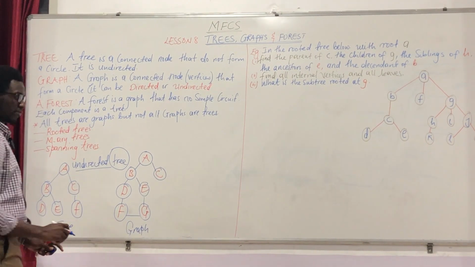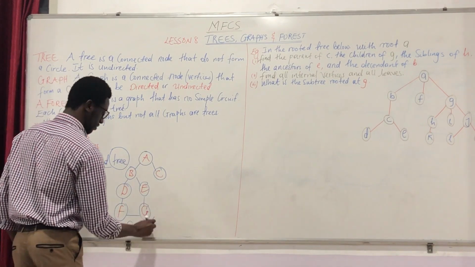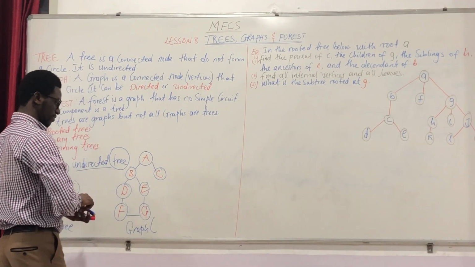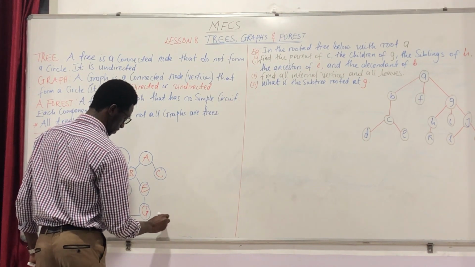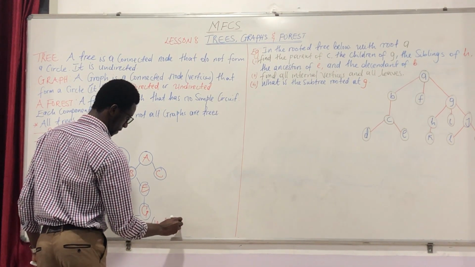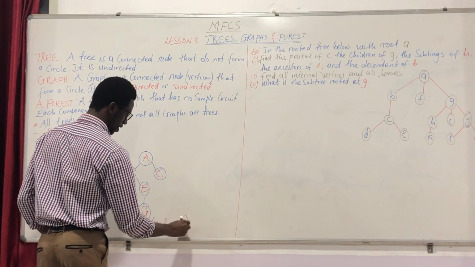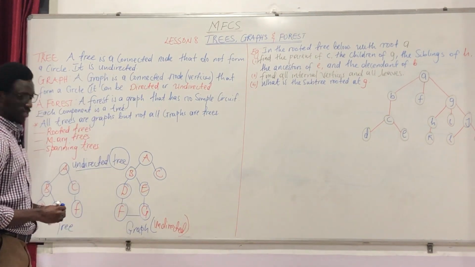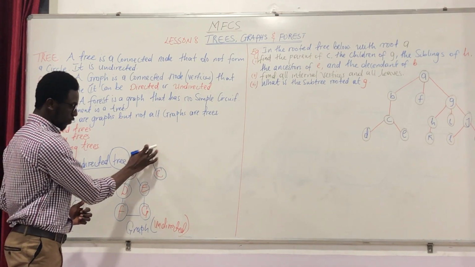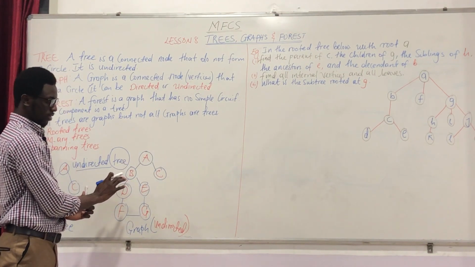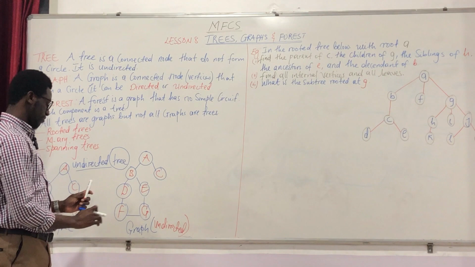Now you can see the difference. This type of graph is an undirected graph, because there is no connection that says the flow starts from A to B. There is no direction in this graph.